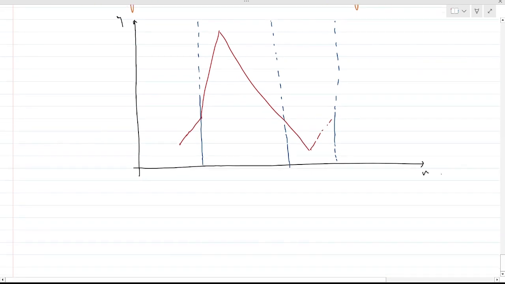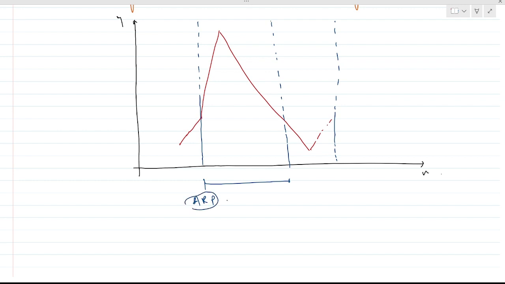So this first phase, sorry, not this one, this phase. Okay, this is the absolute refractory period, ARP.